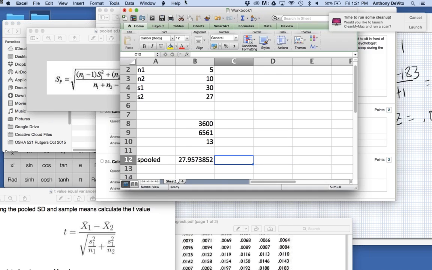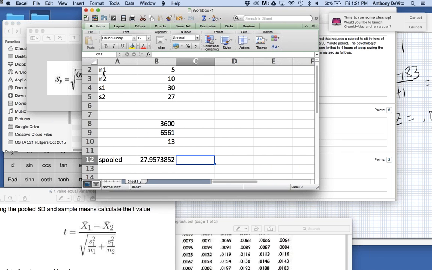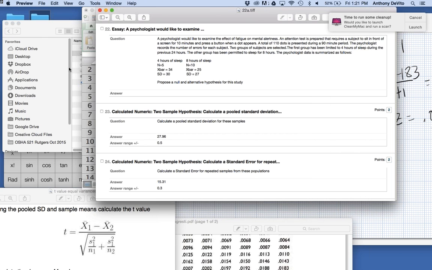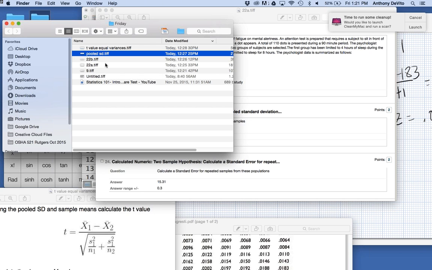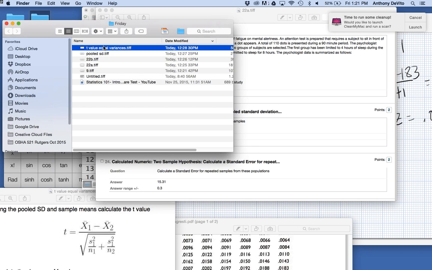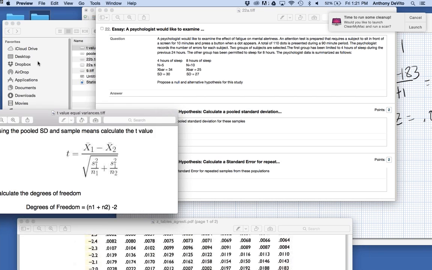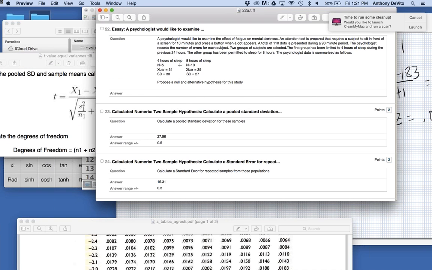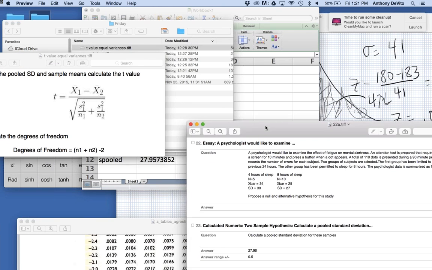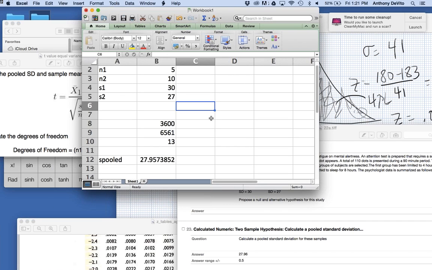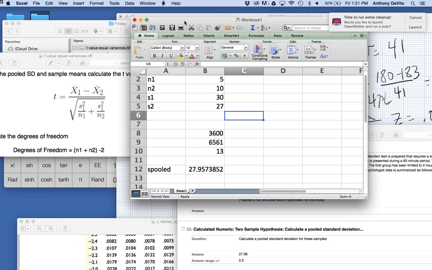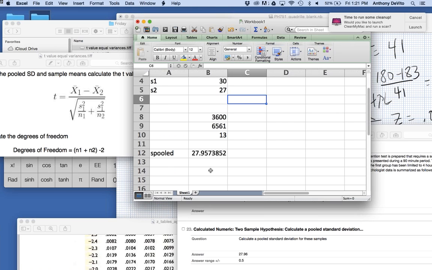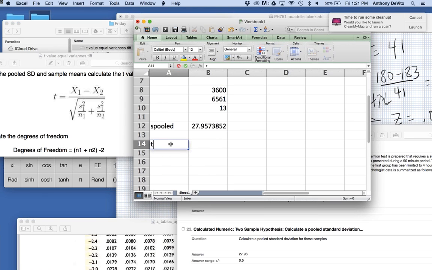Okay, so now let's go ahead and calculate our t-value. Okay, so I'm going to open up that formula again so we can look at it. And that is going to be here. Okay. So our t-score is going to be equal to t, let me scroll this up.